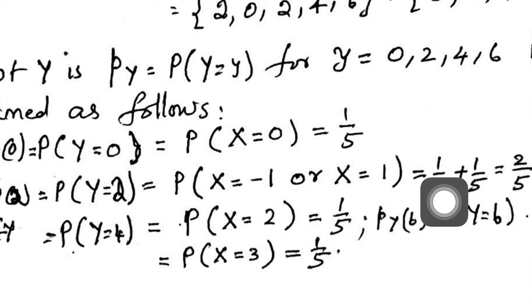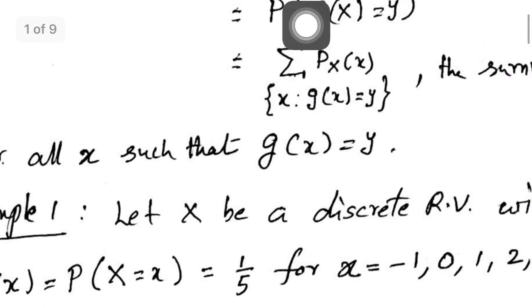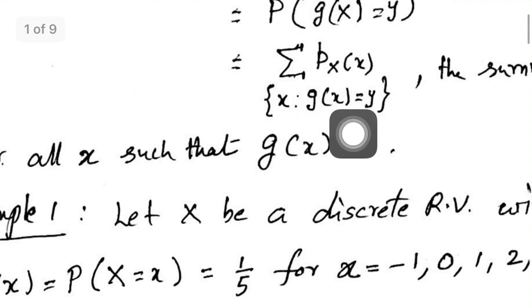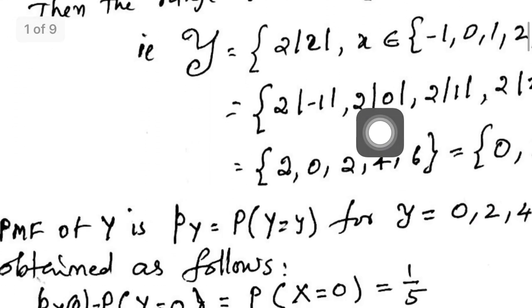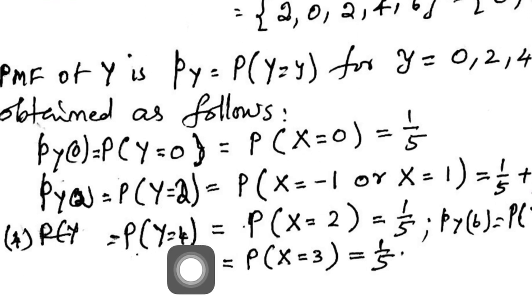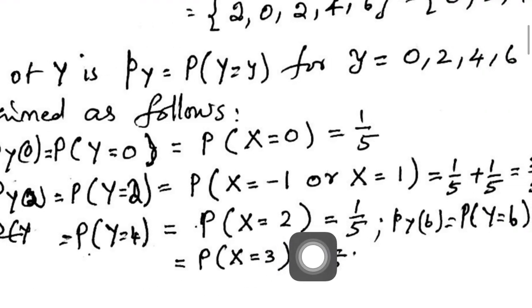This type of addition is expressed here. This is the summation over all x for which g(x) is equal to y. In this way, you can find the probability that Y takes the value 4 also. What is the probability that X takes the value 2?